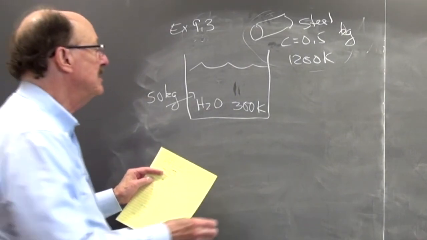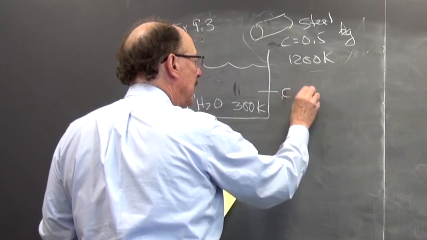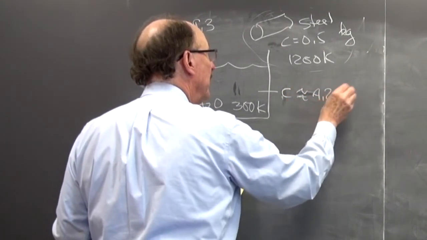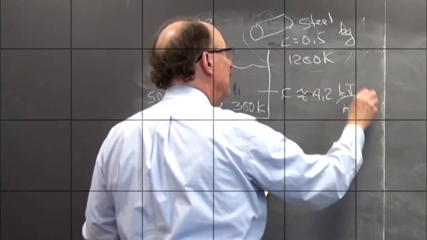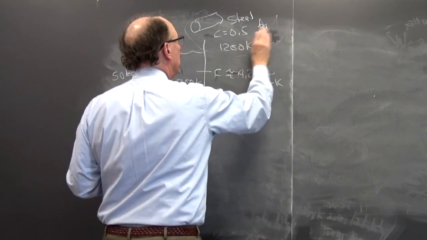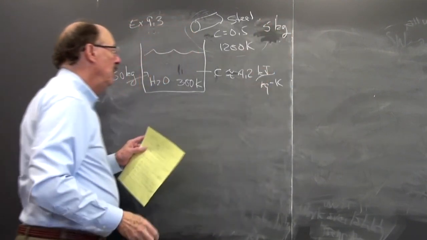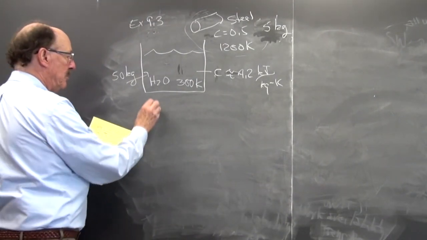And for water, the C is approximately 4.2 kilojoules per kilogram degree K. So it's 50 kilograms.